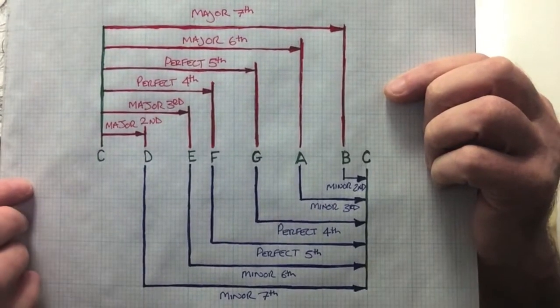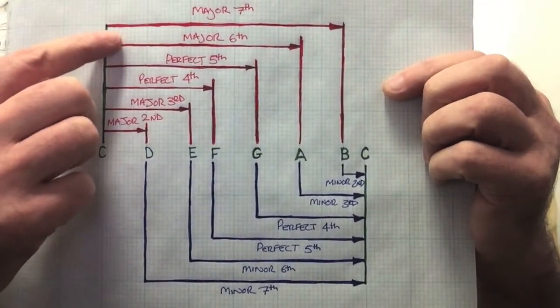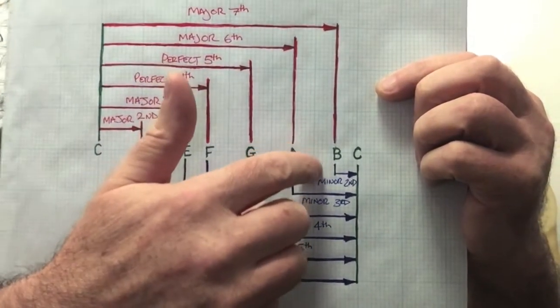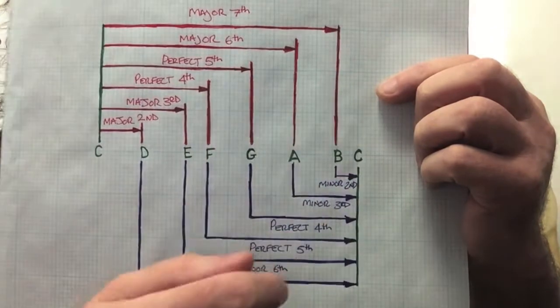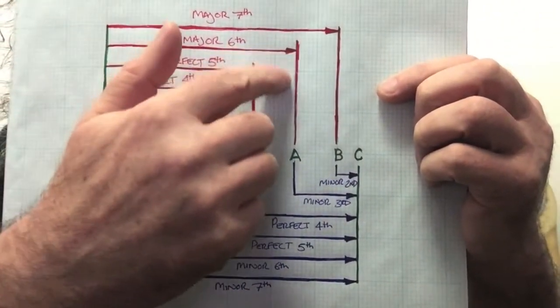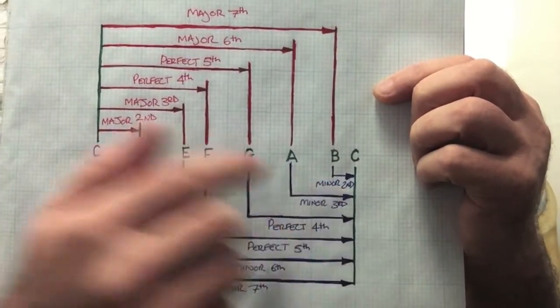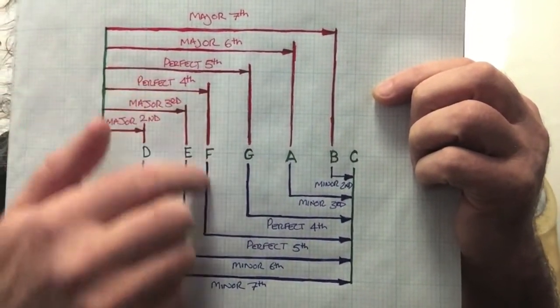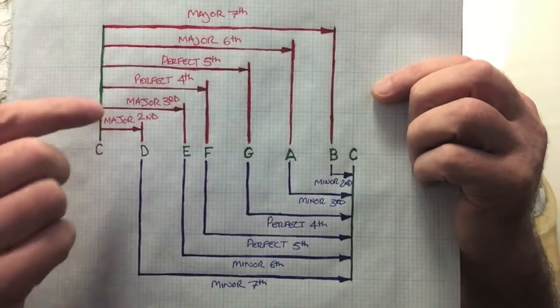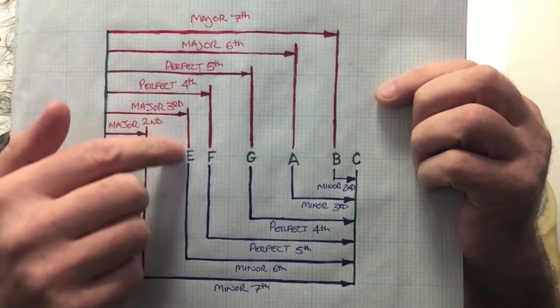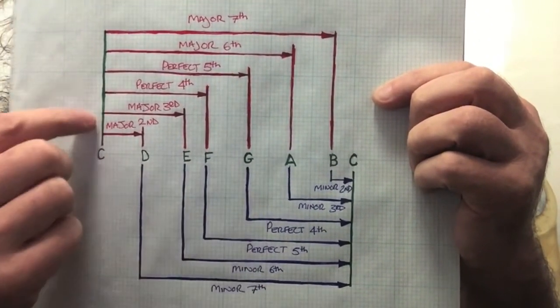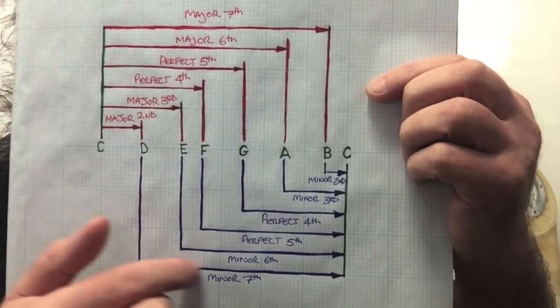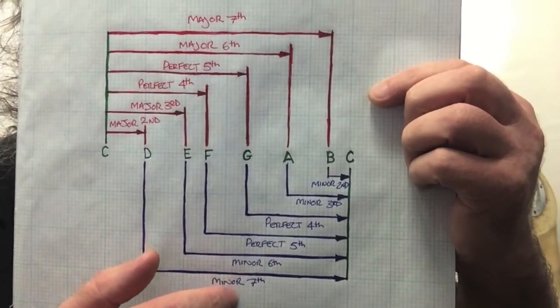So the first thing we note is that a major 7 becomes a minor second, a major 6 becomes a minor third, a perfect fifth becomes a perfect fourth, a perfect fourth becomes a perfect fifth, a major third becomes a minor 6, and a major second becomes a minor 7th.